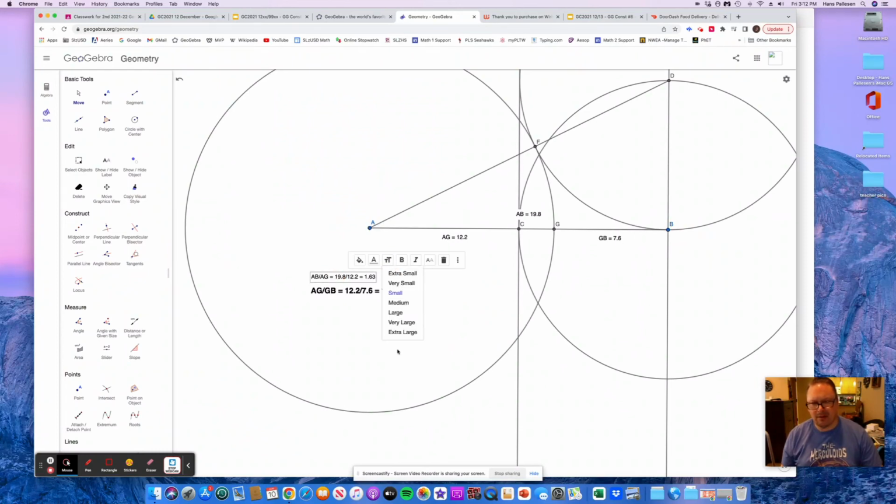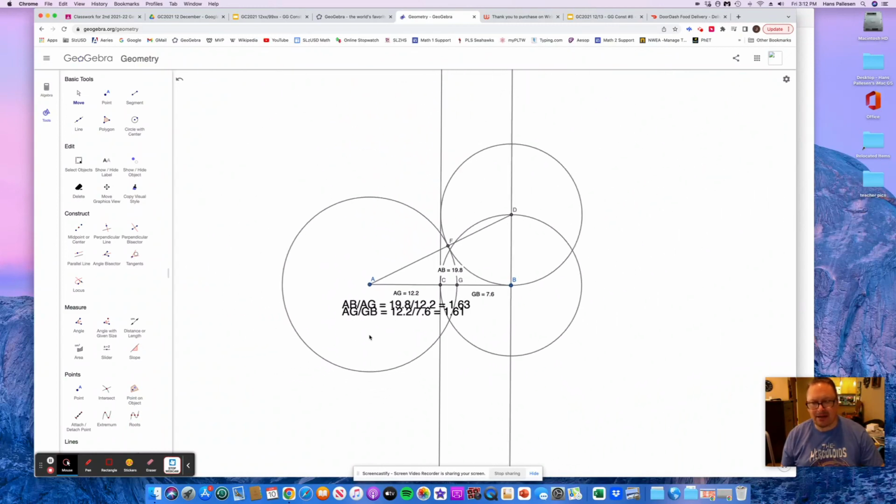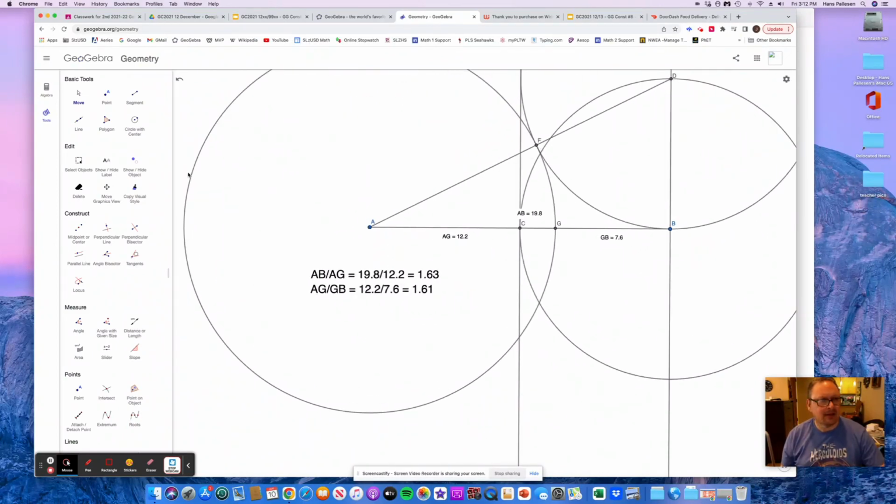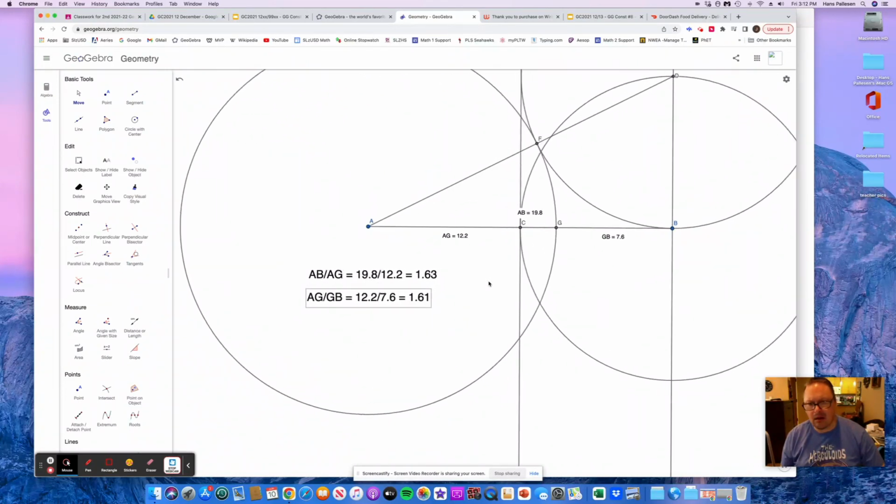There we go. I'll make it large. Oh, that's perfect. I don't need to make it bold, but I do want to make it large. And by making it large, it's easier to see. All right, and let's move one of these.